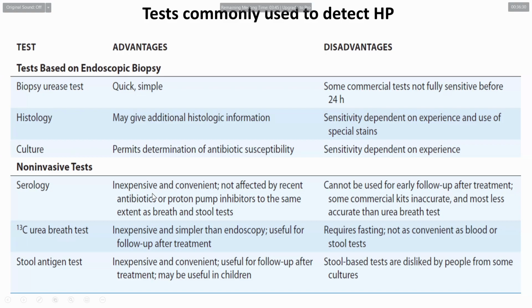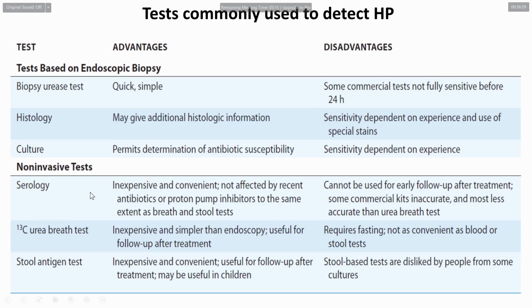So we can rely on serology to diagnose H. pylori, but with one condition: that the patient has not been treated for H. pylori before. Because if he has been treated for H. pylori before, he could be positive serologically, but he doesn't have the bug. As I've already told you, many patients who've been treated for H. pylori before successfully will still have a positive serology, okay?